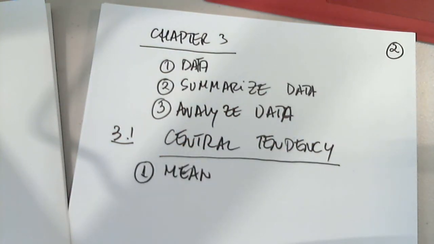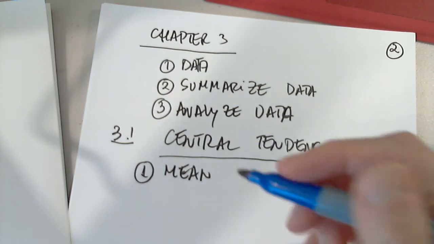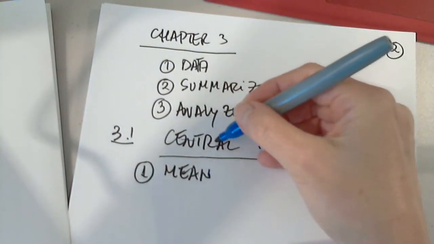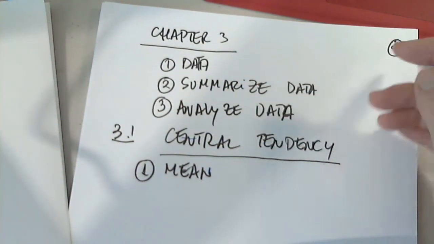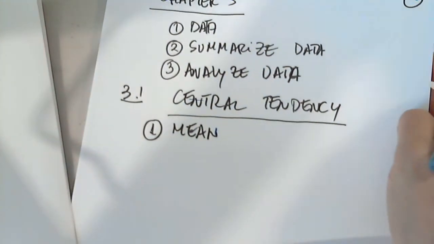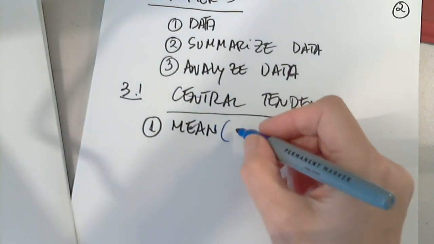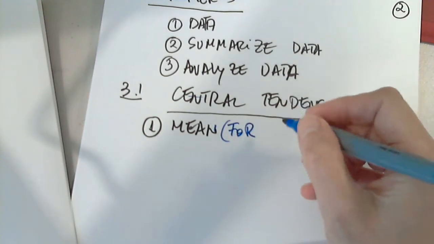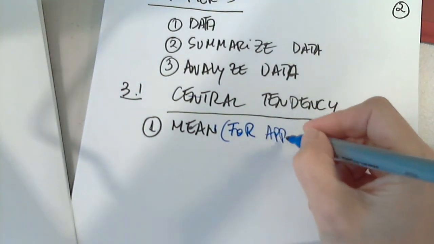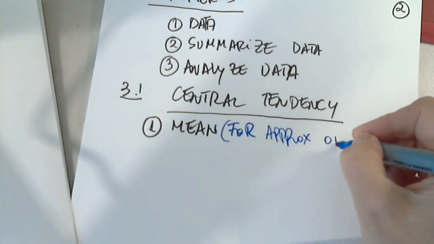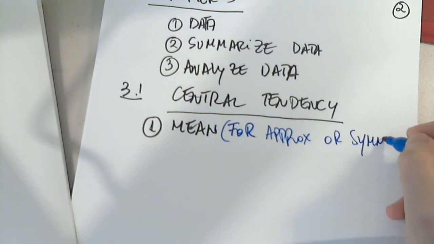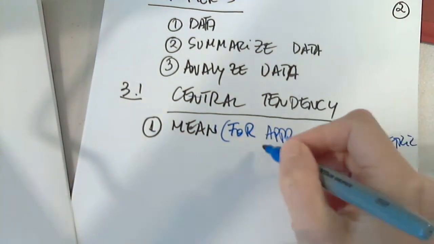First of all, when do we use the mean? We normally use the mean to interpret the central tendency, which again is the typical value, normally for approximately or symmetric distributions.